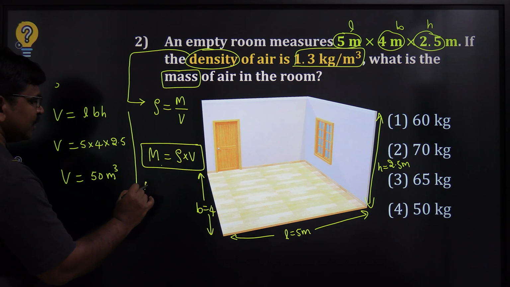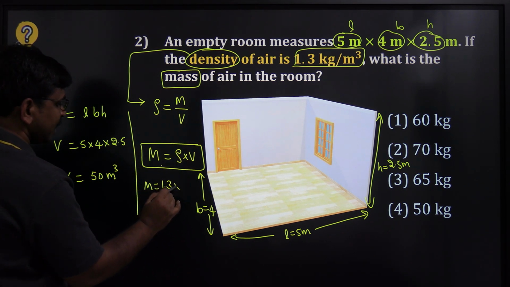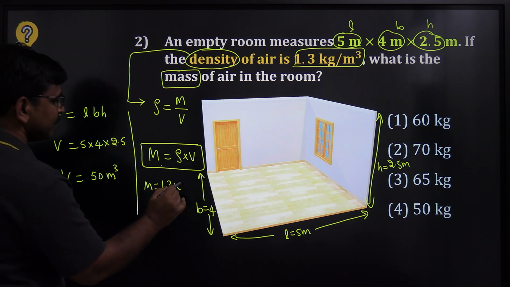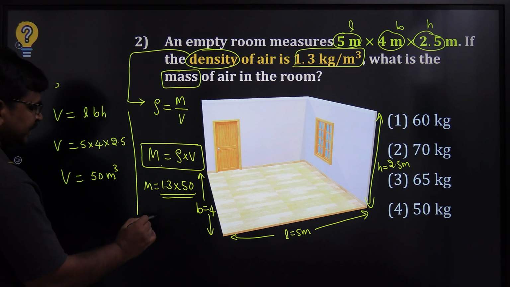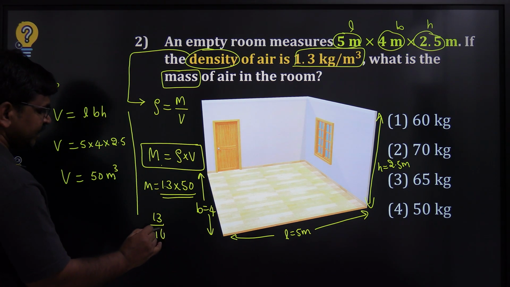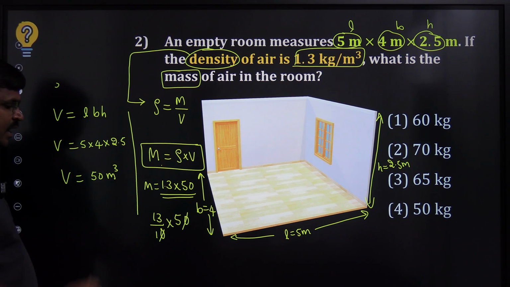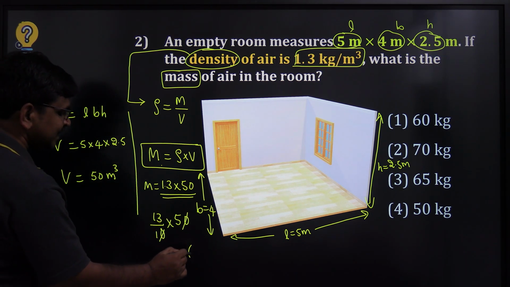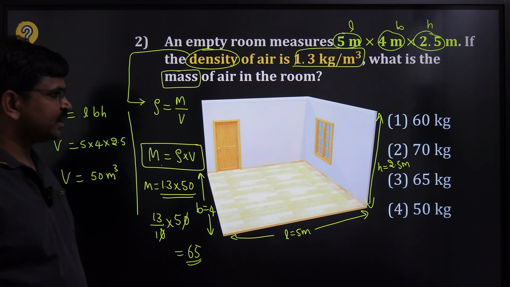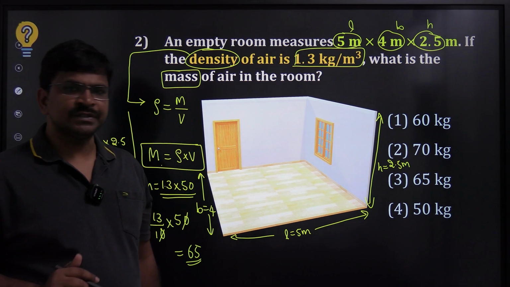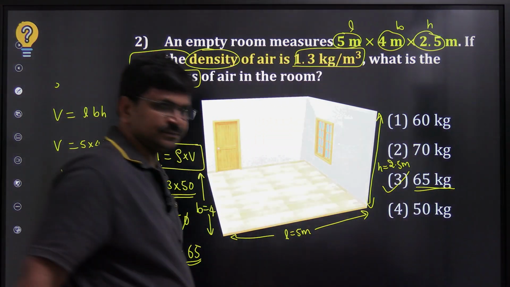So mass is equal to density 1.3 times volume 50. 1.3 can be written as 13 by 10 times 50. Here 0 and 0 get cancelled and 13 into 5 will give you 65 kilograms for the mass. So my dear students, I hope you have understood this one. So the correct answer is 65 kg, third option.